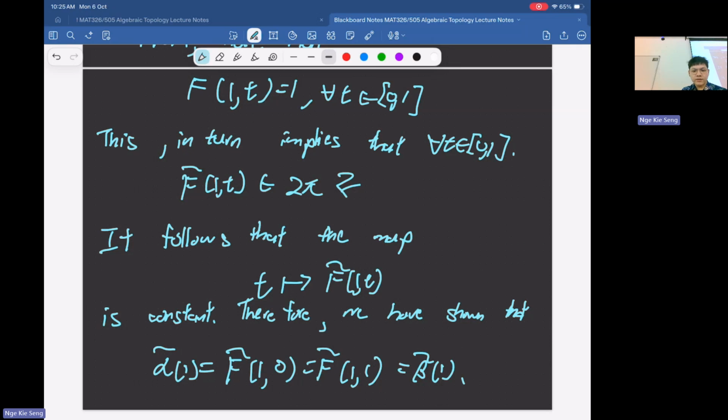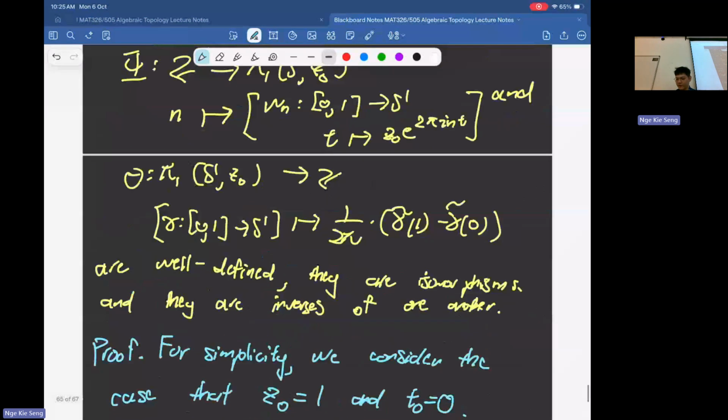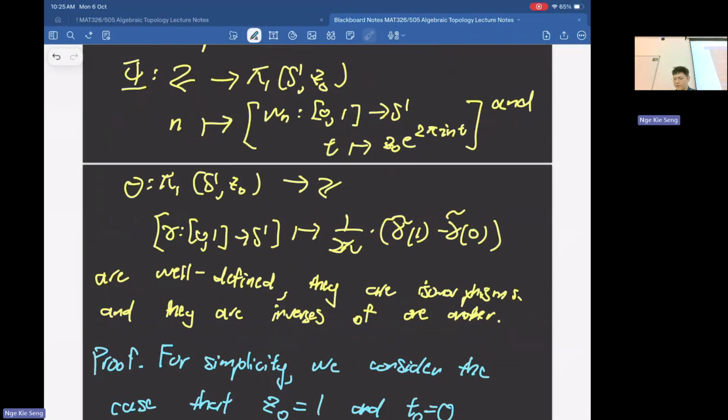What's the next part I'm doing here? Because for this gamma it's a bit hard to think about what the starting point and end point are. It's hard to think about starting and end points for a random gamma. But there's one path that makes this formula clear why we use it, which is the special path omega n.